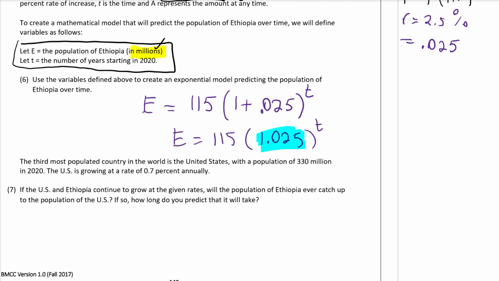All right, so now let's look at the other country, particularly our country, the United States. It has a population of 330 million, or it had a population of 330 million in the year 2020. And the US is growing at the rate of 0.7% annually. It has been fluctuating somewhat, so it changes, right?